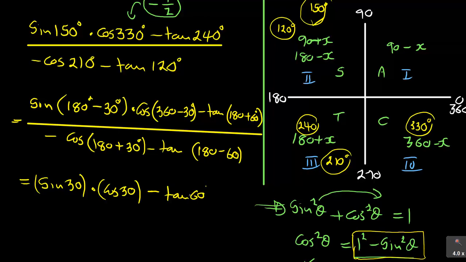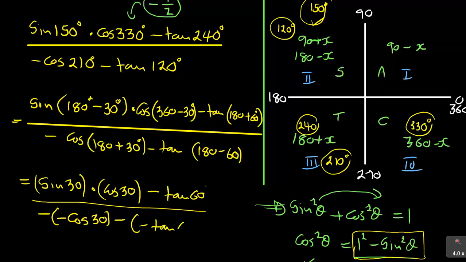All right, so I don't need to put in a bracket, it's just that, all over, minus cos 180 plus 30. Again, cos is in the third quadrant, but cos is negative, so it's minus cos 30 minus, now tan 180 minus 60 is in the second quadrant, and tan is negative. Again, it's got minus tan 60.